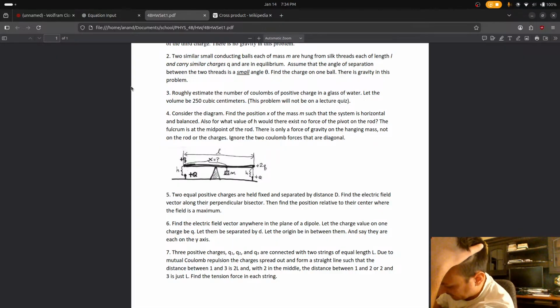So this becomes just LKQQ over 2H squared is equal to mg times x minus L over 2. Okay, this turns into x equals LKQQ over 2H squared mg plus L over 2.